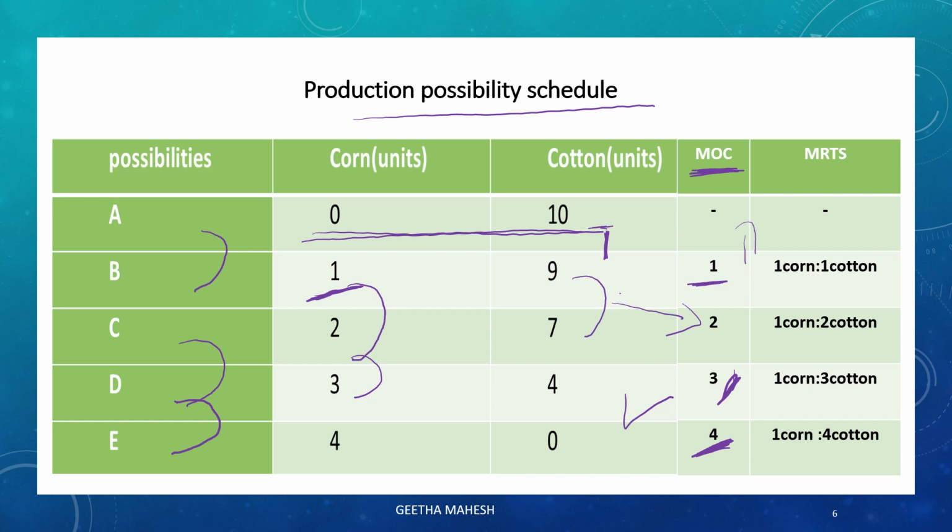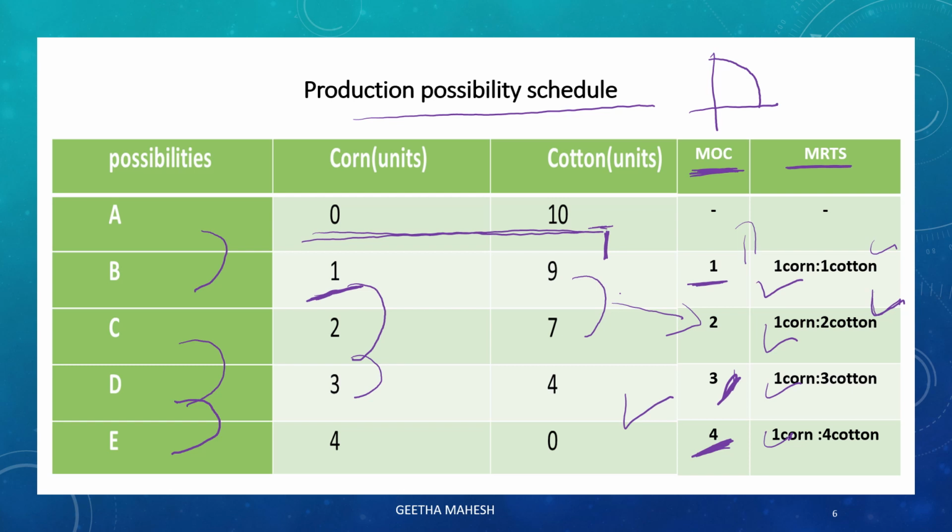Because of this reason, the production possibility curve is convex to the origin. You can see the marginal rate of substitution. For having each additional unit of corn, it is sacrificing cotton, but not the same units.